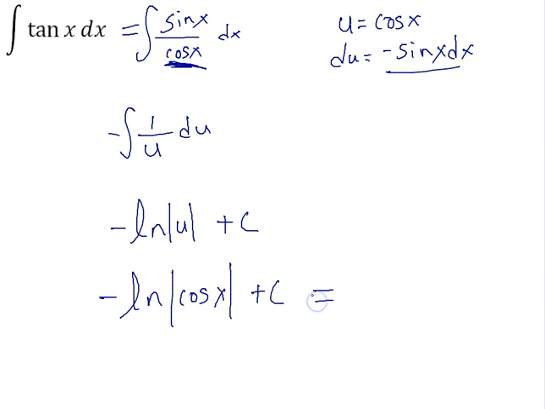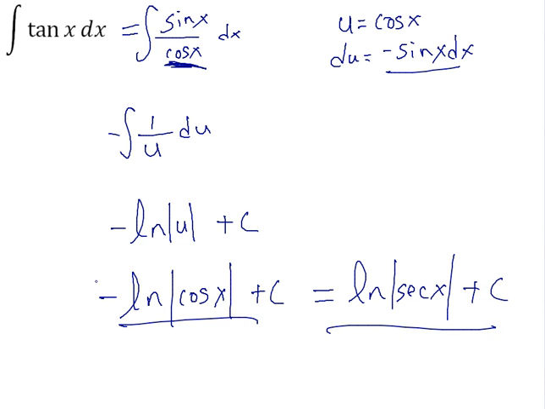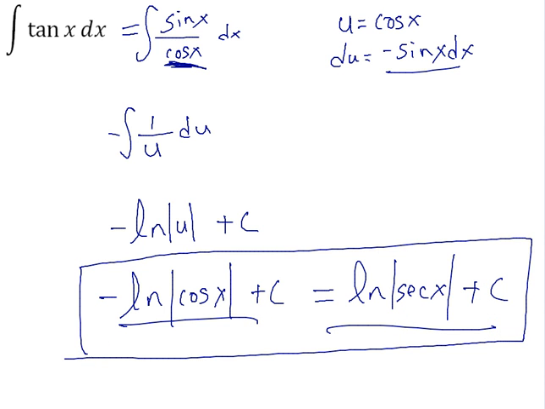Or if you want to get tricky with it and say that, well, this negative sign really raises that to a negative 1, it's the natural log of the absolute value of secant x plus c. Either one is sufficient. And in fact, this is something that you may want to write on your trig identity sheet to say that the integral of tangent of x dx is equal to one of these two here.